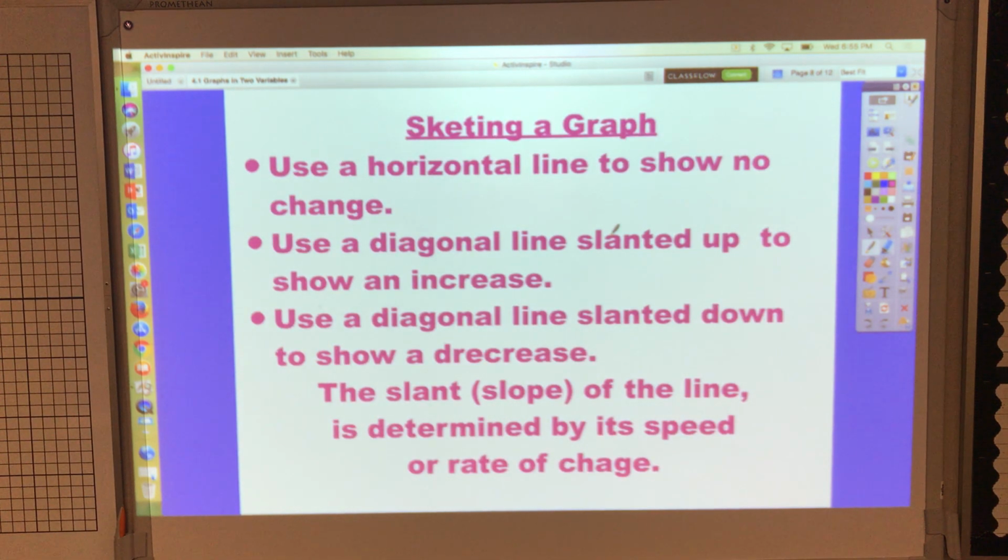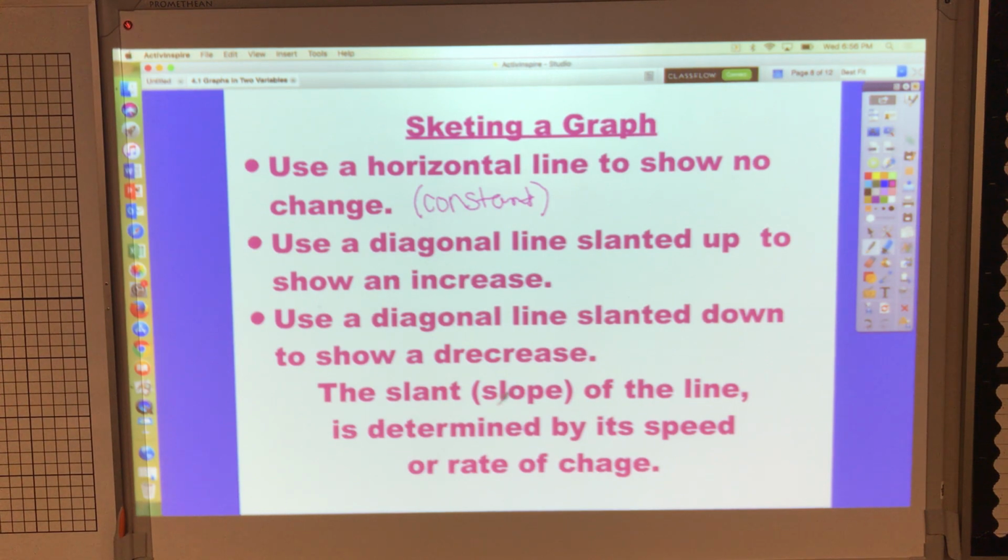So when you sketch a graph, some things you need to remember: a horizontal line shows no change. It's constant at that spot. If I'm not moving, my distance is going to remain at 5 feet. It's a constant amount. We use a diagonal line slanted up to show something's increasing, so the farther I go, I'm going to go up. When I decrease that distance, we're going to go down, so our line's going to be pointed down.